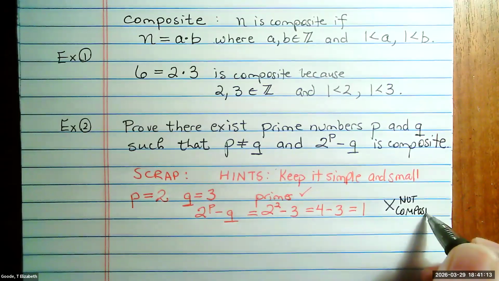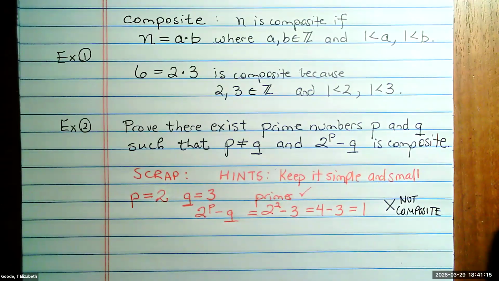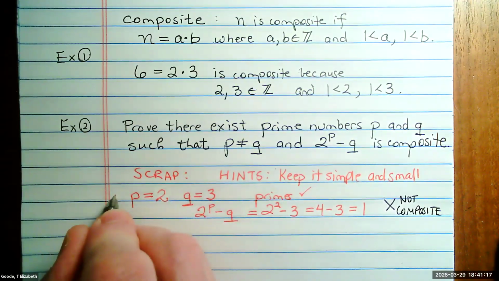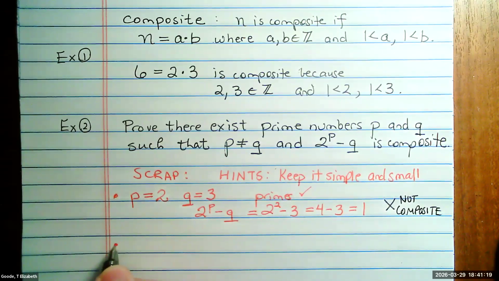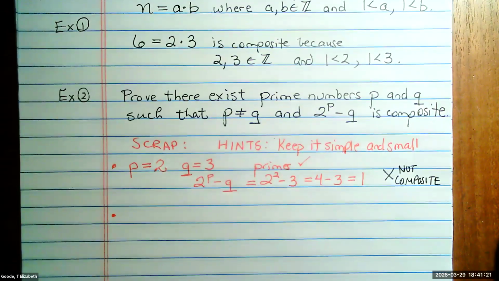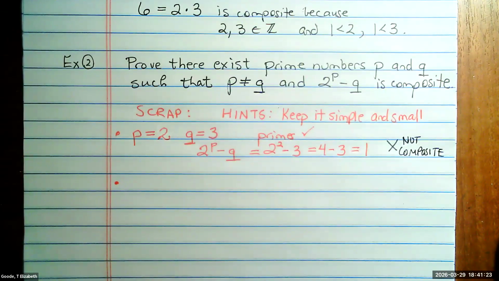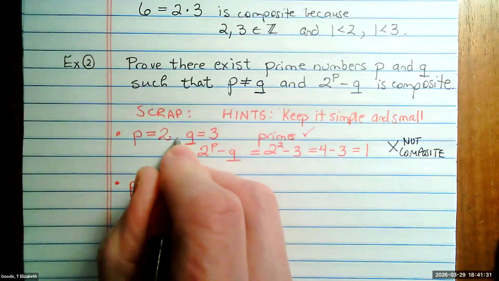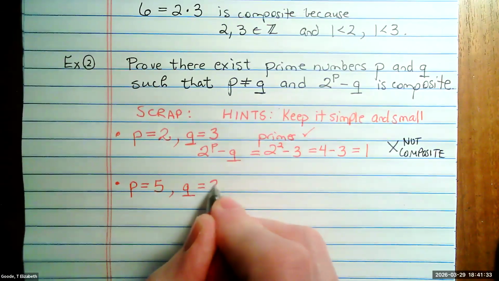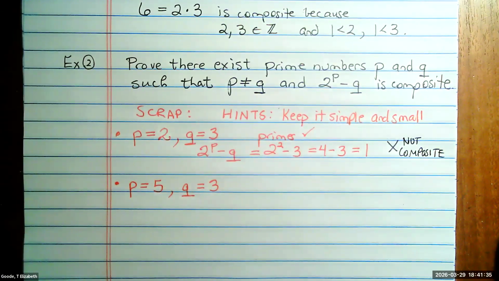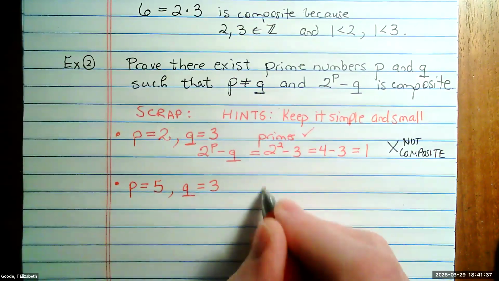So let's try again. What would you like to try next? You try. You give me a couple of primes, P and Q. I would say 5. Okay. And why don't we stick with Q equals 3? And let's just see what happens. They're definitely primes.